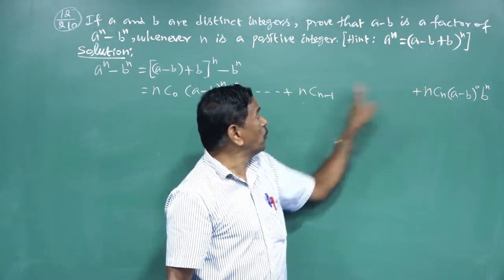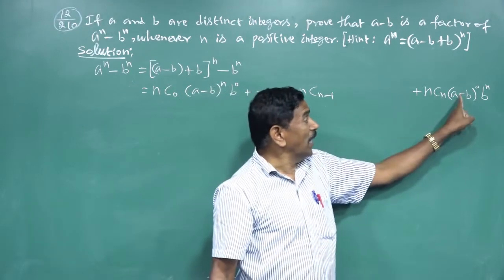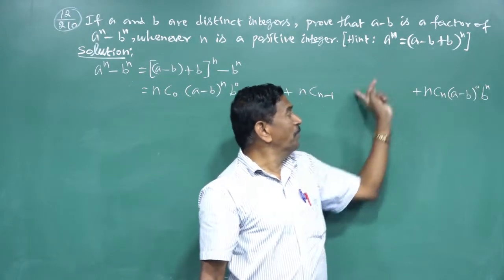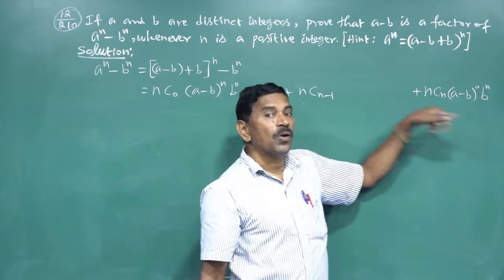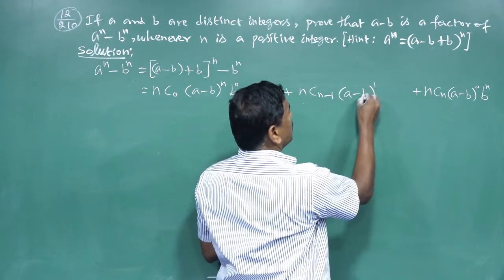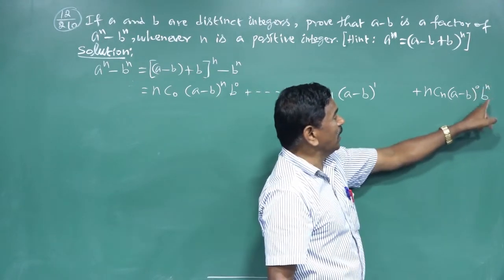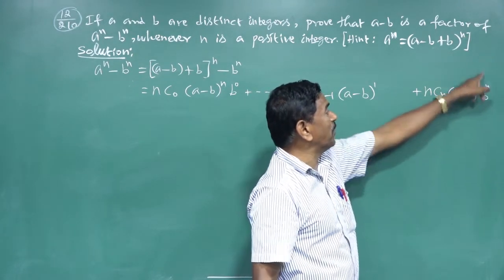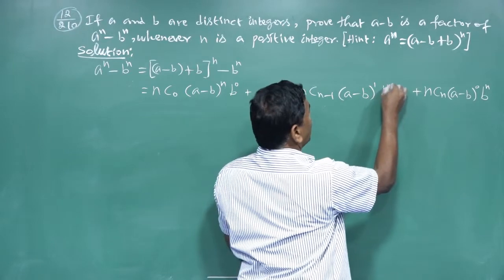So nCn, before nC(n minus 1). (a minus b) whole power 0, before it is (a minus b) whole power 1, because reducing. So into (a minus b) whole power 1, into b power n, before it b power n minus 1.